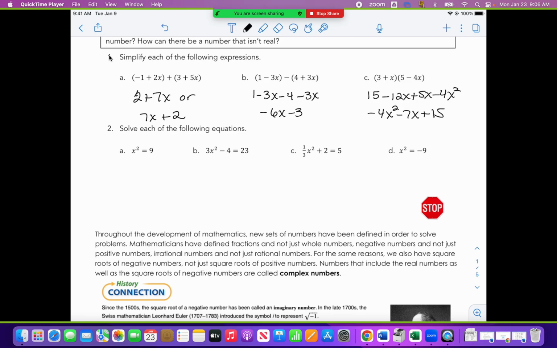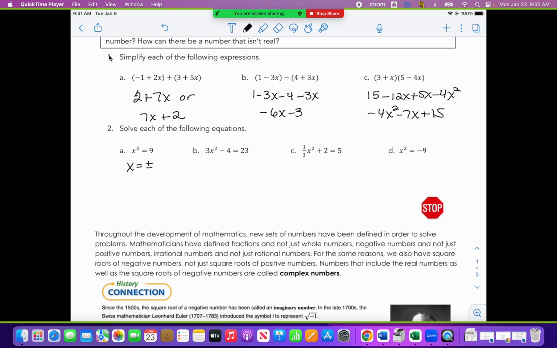All right, now, in number 2, we have done this, and you did it in Algebra 1. In 2A, if you want to solve x squared equals 9, what do you need to do? Yeah, Nick? Square root of x squared. Yep.